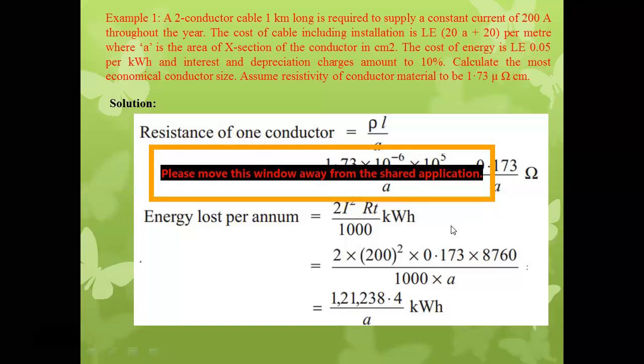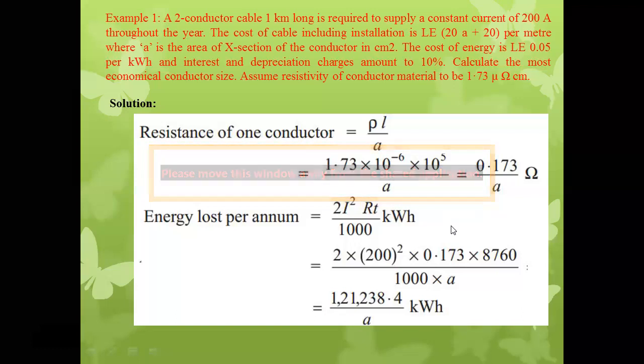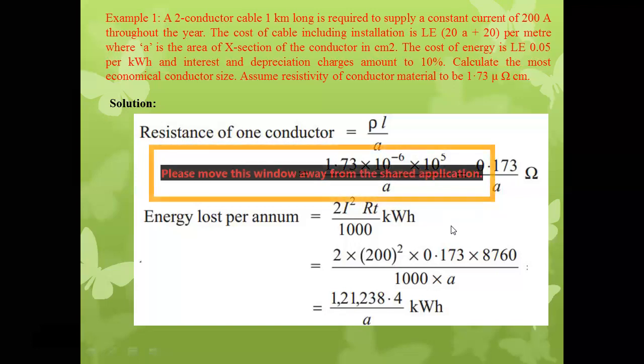into 8760, the total hours in the year, because we have to find the energy lost per annum in kilowatt hour. Per annum means during one complete year, so we have to calculate the total hours in the year, that is 8760. Divided by 1000 for kilowatt hour, kilowatt meaning 10 to the power of 3.